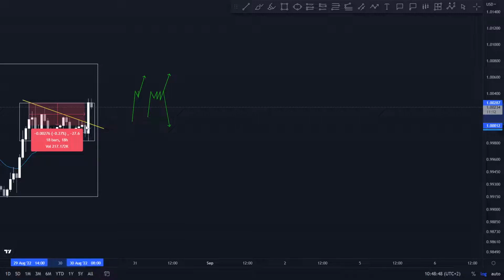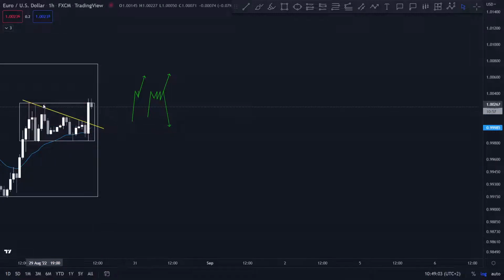Till the bar that was before the breakout, that's 18 bars, on the 1 hour time frame. So the chances are likely this pattern will break to the upside than to the downside.